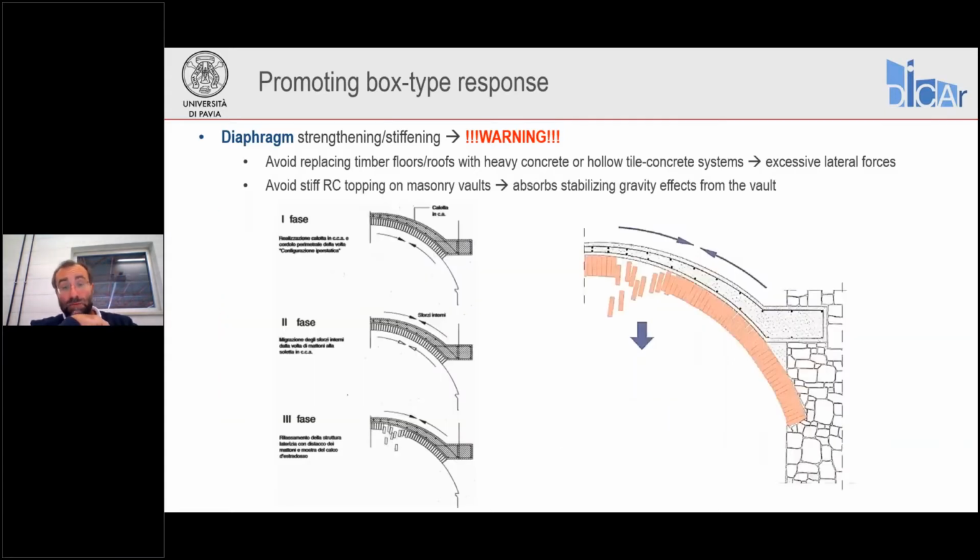And this is what I was saying about avoiding excessively stiff topping. Because the masonry initially, in its pristine conditions, resists gravity forces. When we add our concrete topping, if it is too stiff, it will attract forces because it is stiffer than the masonry vault.